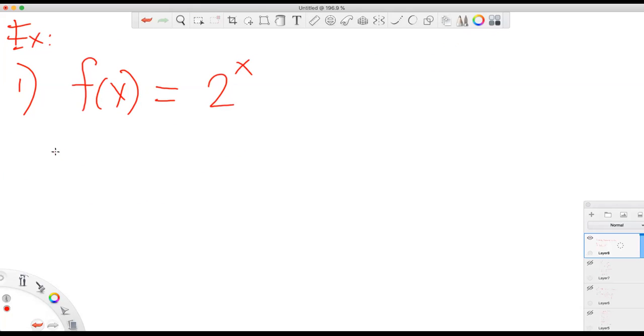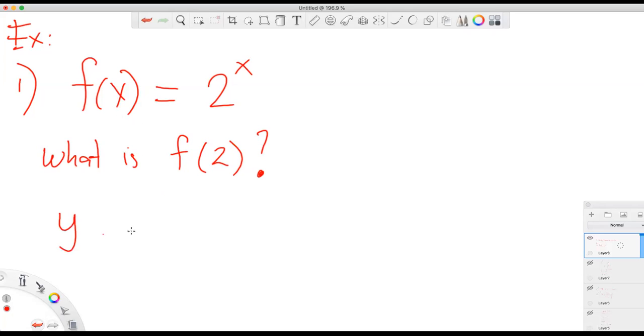Let's say, what is f of 2? This is the usual way of asking. What is f of 2? It means, what would be the value of y when you substitute x is equal to 2?